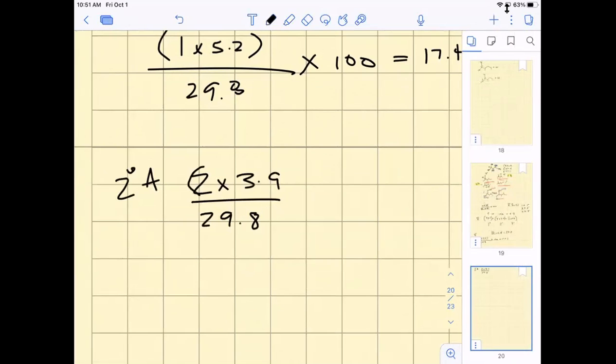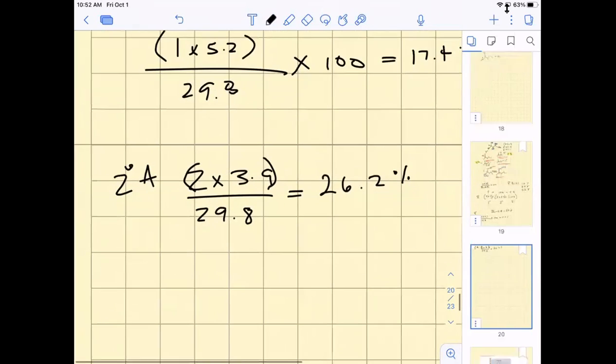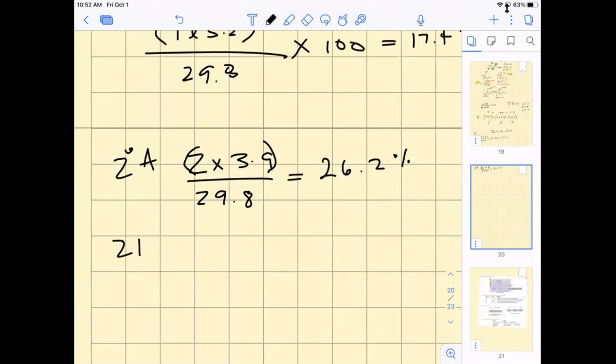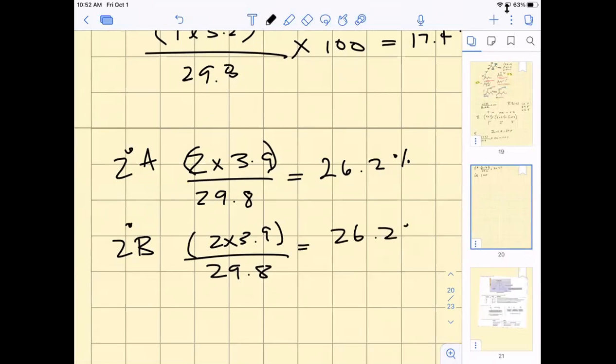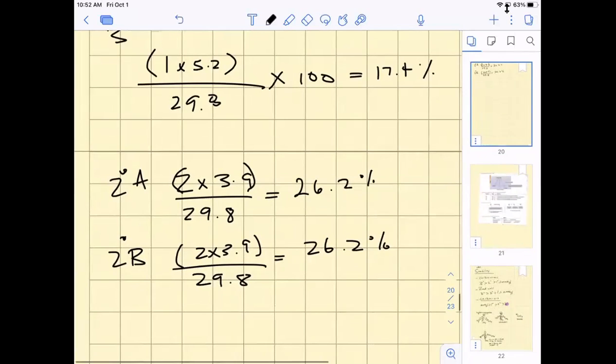What do you have? 7.8 divided by 29.8, it's going to be somewhere in the 20s. I got 26.2%. And then for secondary B, it's going to be the same number because it's only two hydrogens at that site as well, 26.2%. Are y'all following that?